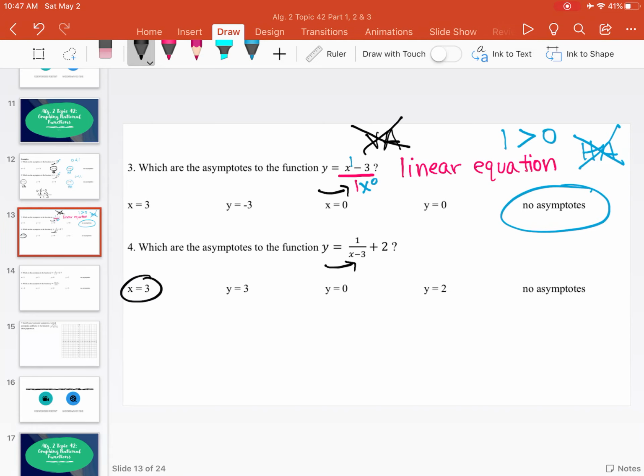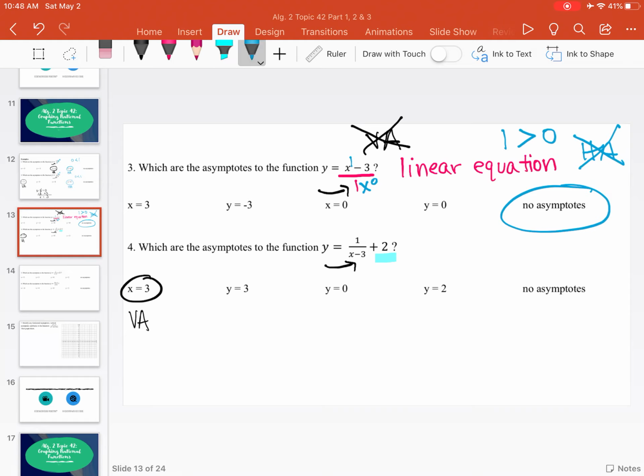I can plug in x equals 3. Now for the horizontal asymptote, notice how I have 1 divided by x minus 3. Then I also have this plus 2 on the outside. This is a vertical translation. So the graph that we had in example number 2 would be shifted up 2 units.